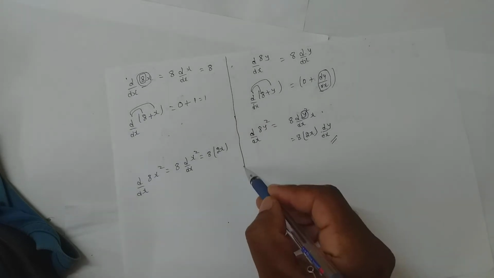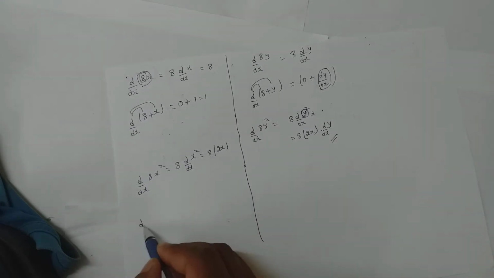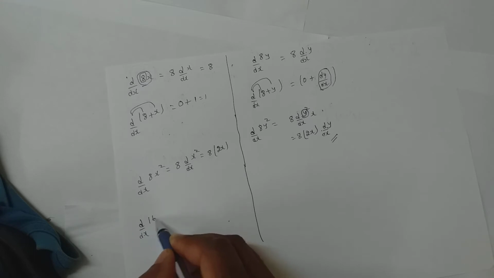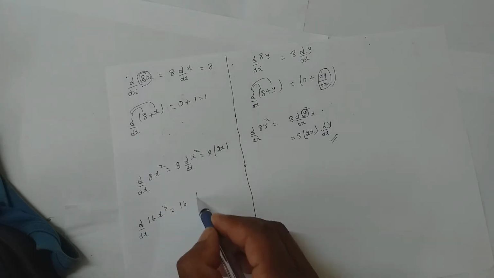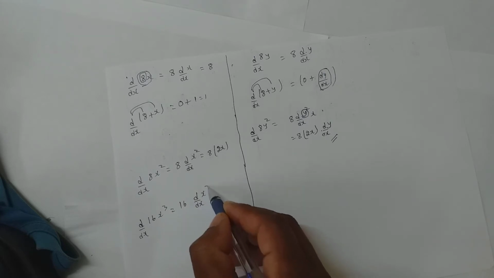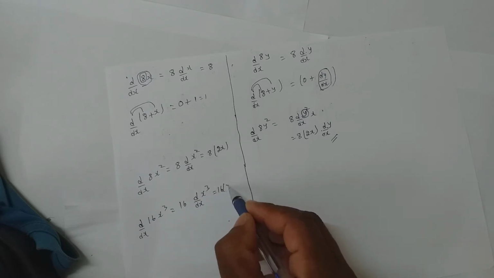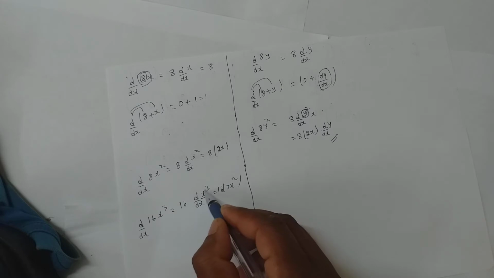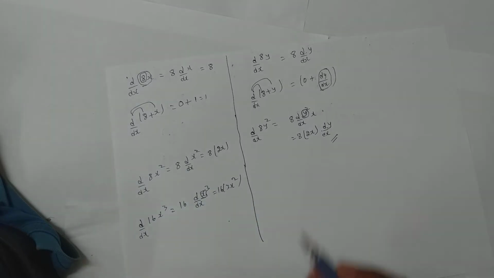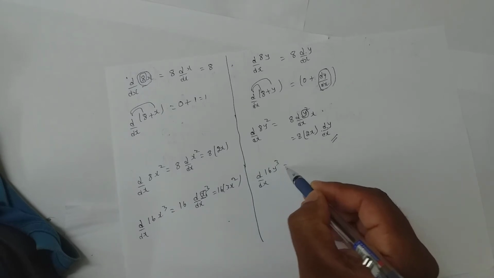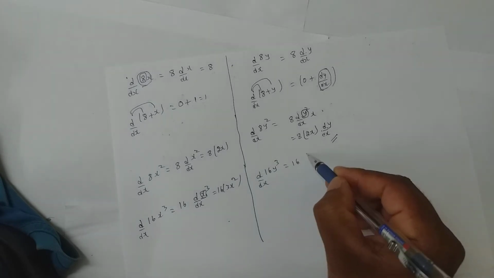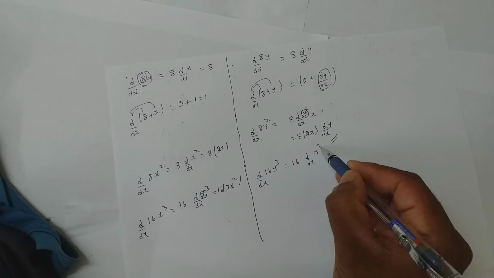One more example. Now if it is d by dx of 16x cube, so what do I get? 16 comes out, d by dx of x cube, which is 16 into 3x square. It's directly x cube, so 3x square I have written. So here, had it been 16y cube, 16 will come out, d by dx of y cube.